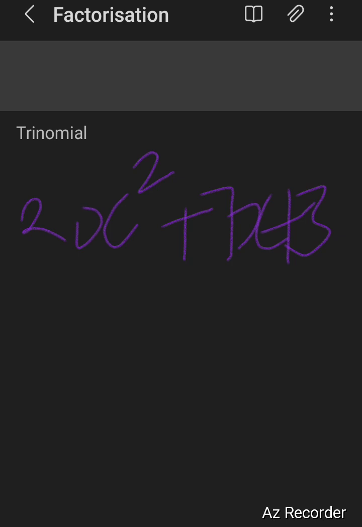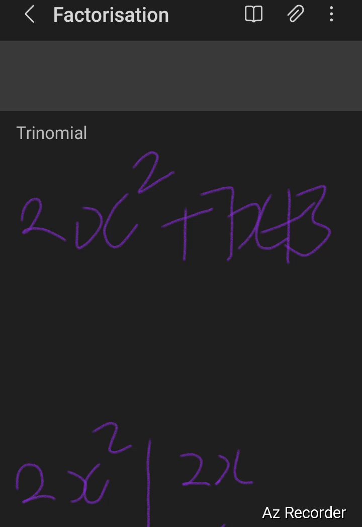For such a trinomial, we're going to use what we call the cross method. The cross method will be applicable. So first thing, let's look at the factors of 2x squared and also the factors of 3. The factors of 2x squared will be 2x and x.